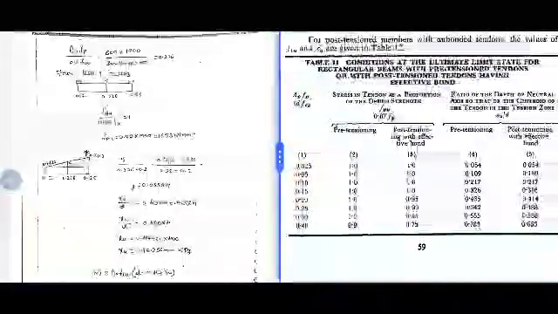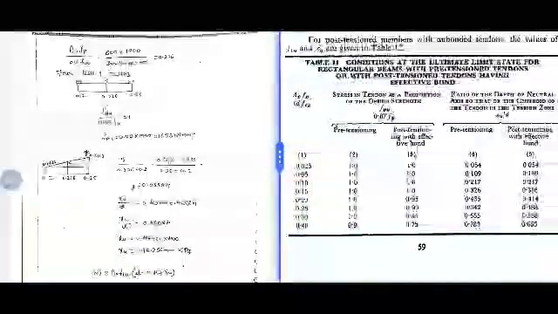Next, XU by D ratio. For 0.2 we have 0.435. Remember, it is pre-tensioning, and for 0.25 it is 0.542.